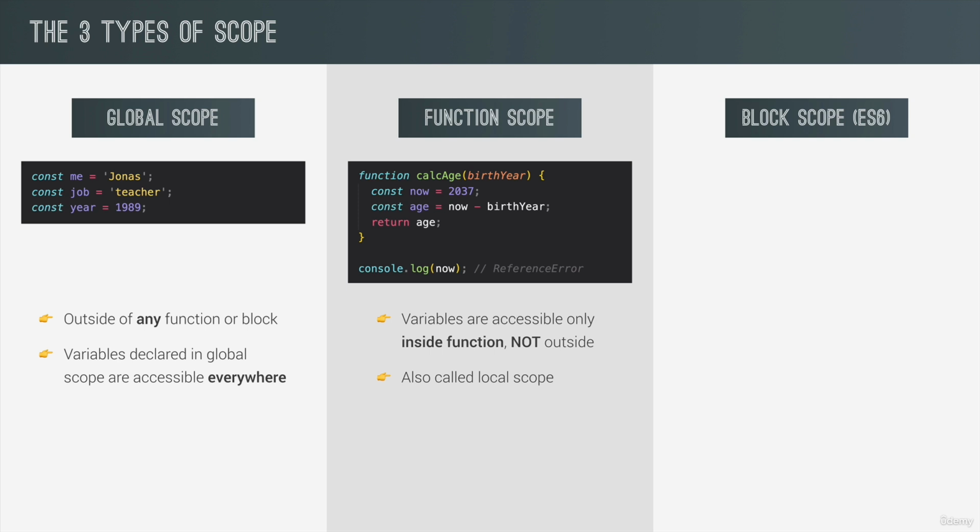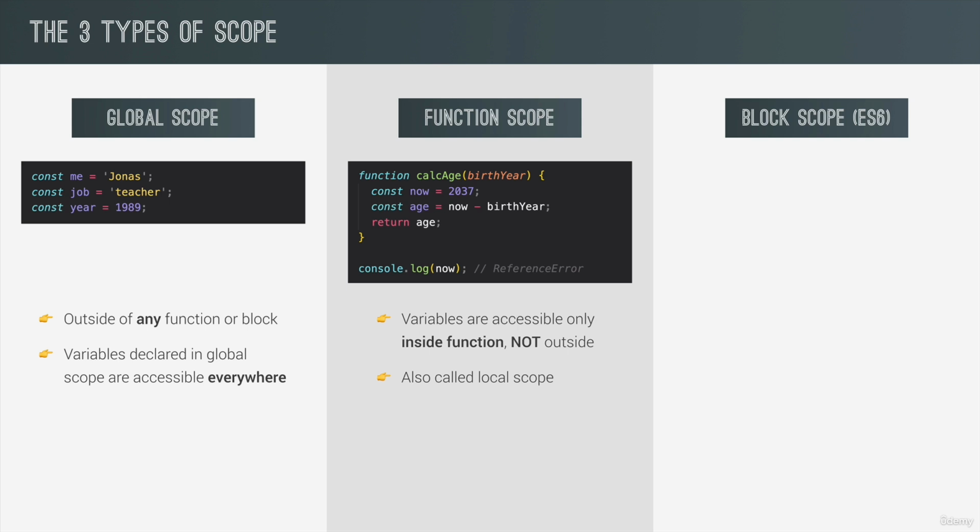And if you remember our pig game project from the previous section, that is also the reason why we had to declare a couple of variables outside of the init function. Remember that? So we had some variables declared in the init function, and then that gave us an error because other functions were trying to access these variables. But of course, they were in the function scope, and so they were locally scoped, and so we couldn't access them outside of that function where they were declared.